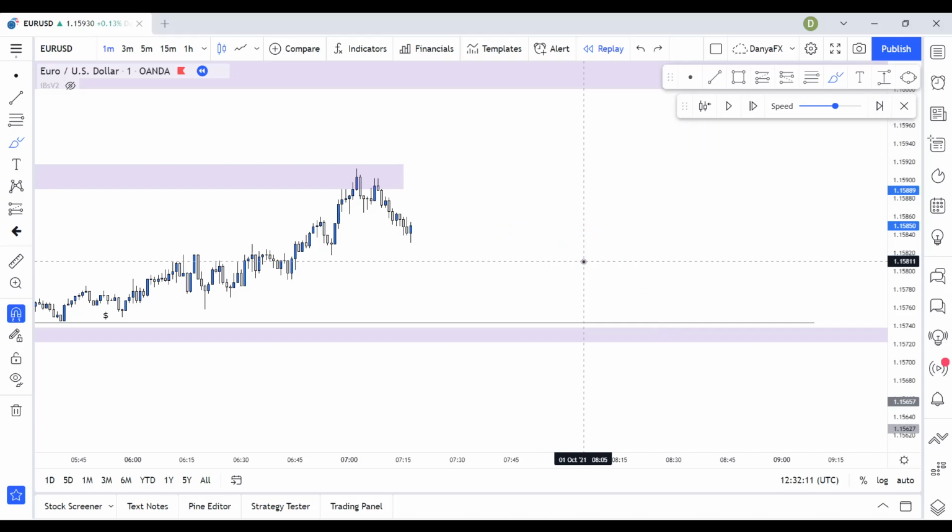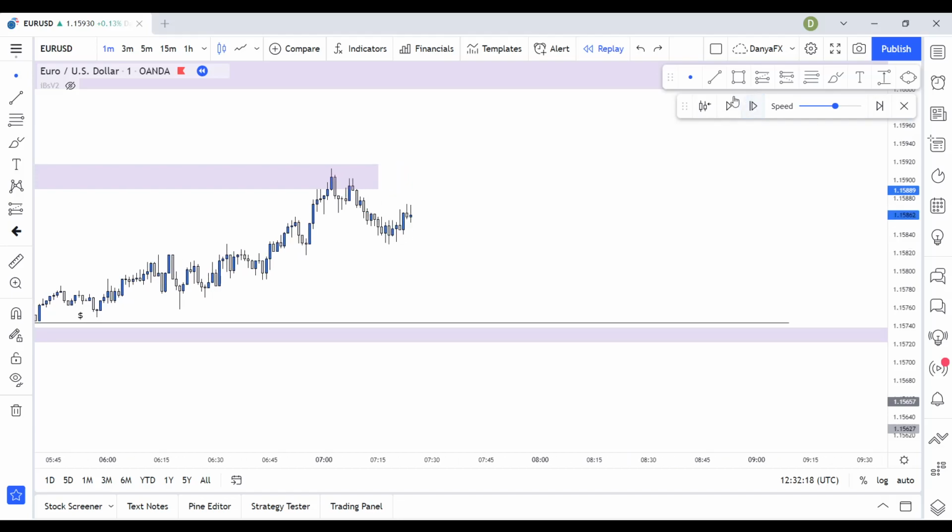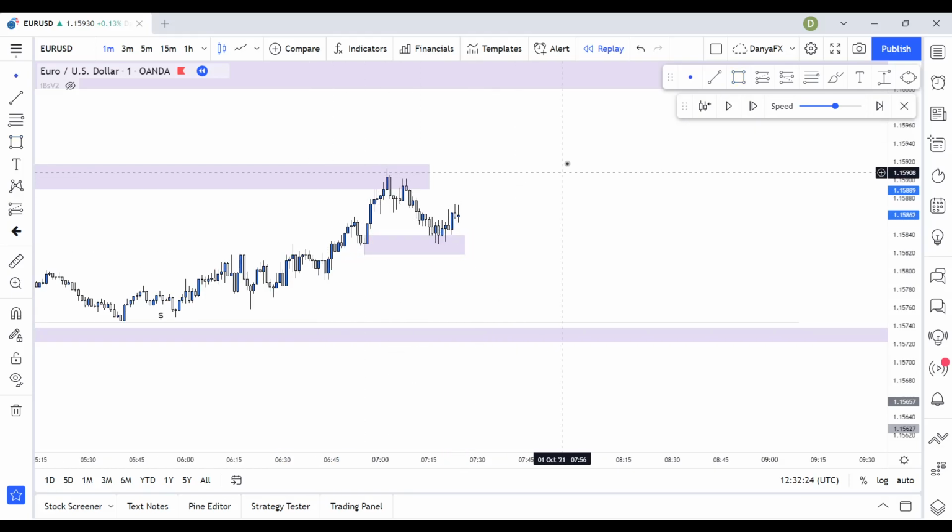Sorry for bad drawings. So let's play the price forward, and as you can see, we have this demand here. What I want is a candle closure below this point.